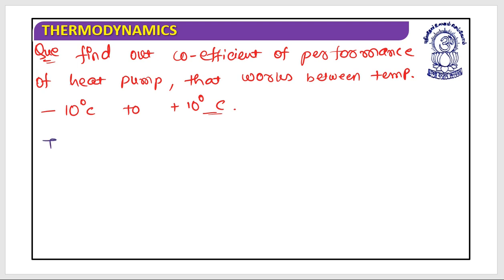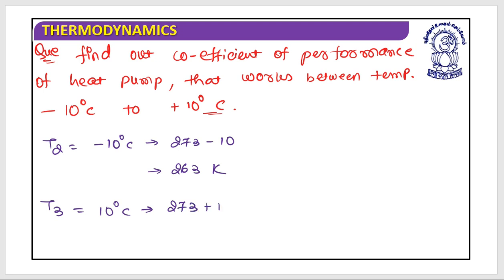So this T2 is minus 10, which is 273 minus 10, which is 263 Kelvin. And this T1 is 10 degrees Celsius, so it's 273 plus 10, which is equal to 283 Kelvin. I hope this is clear.